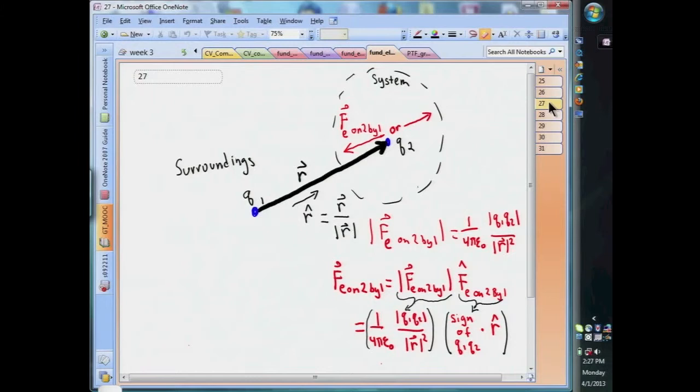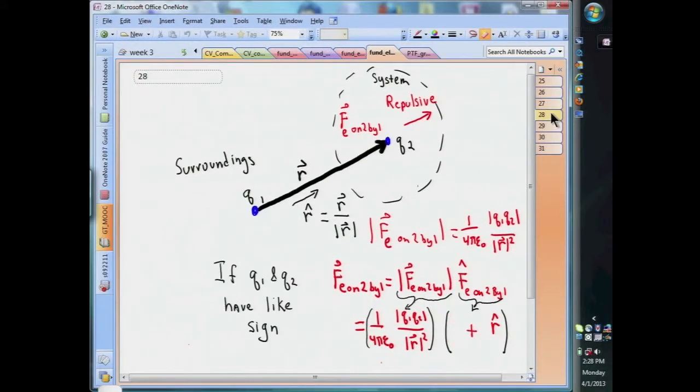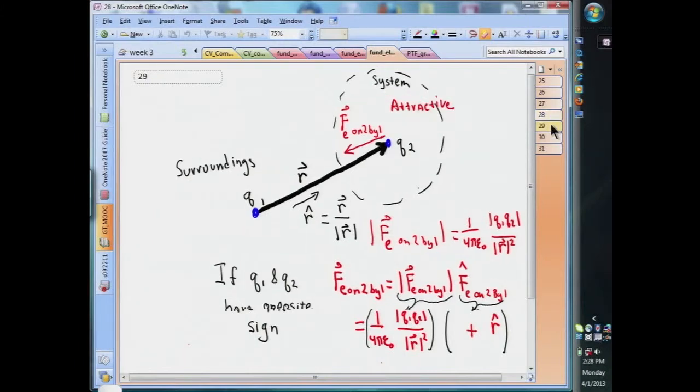In other words, if Q1 and Q2 are like-signed charges, then the product of Q1 and Q2 is positive, so the direction of the electric force is in the same direction as r hat. This makes sense in this case because our system charge Q2 is repelled by the charge Q1 in the surroundings. However, if Q1 and Q2 have opposite sign, then the product is negative, and so the direction of the electric force is in the direction of minus r hat, which makes sense in this case because our system is attracted by the object in the surroundings.